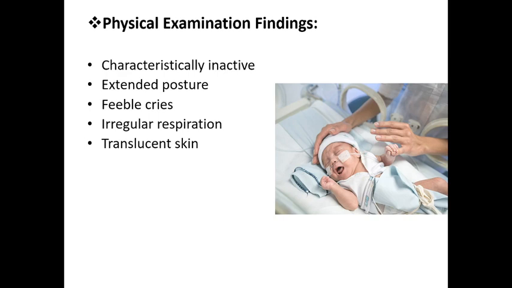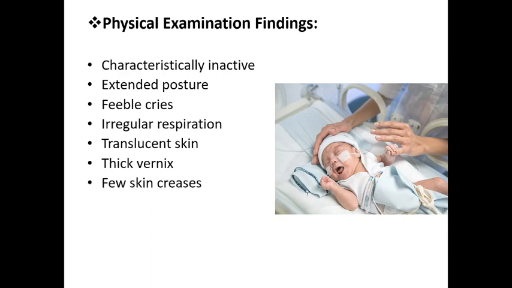They have translucent skin with less subcutaneous fatty tissue. They have thick vernix caseosa. Vernix caseosa is the white, cheesy-like substance which you see on the skin surface when the child is being born. A preterm baby will have more of this thick vernix caseosa.